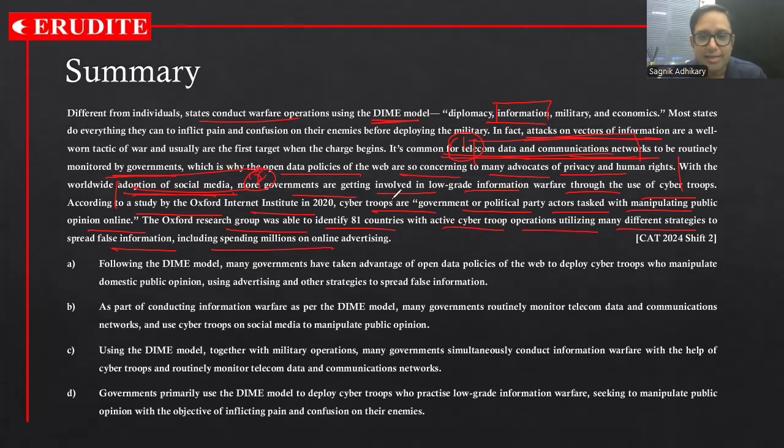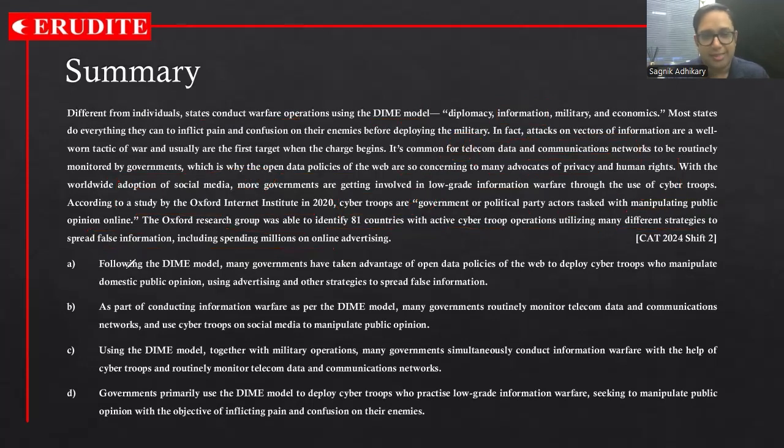So we find here that the use of cyber troops is sort of consistent with the previous one, which is the worldwide adoption of social media. So we can cover cyber troops as a third aspect. So the three methodologies or approaches to how attacks on vectors of information are conducted by states, those are given.